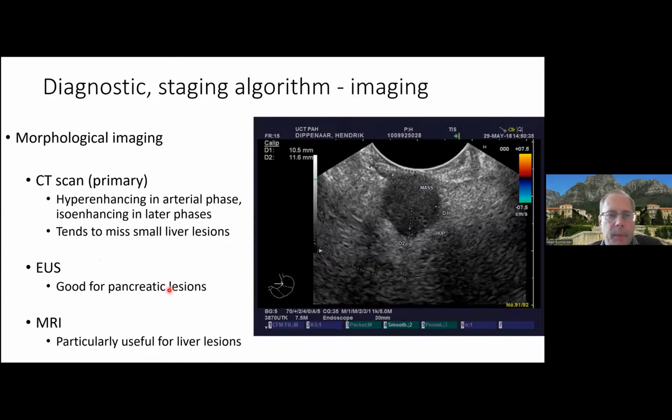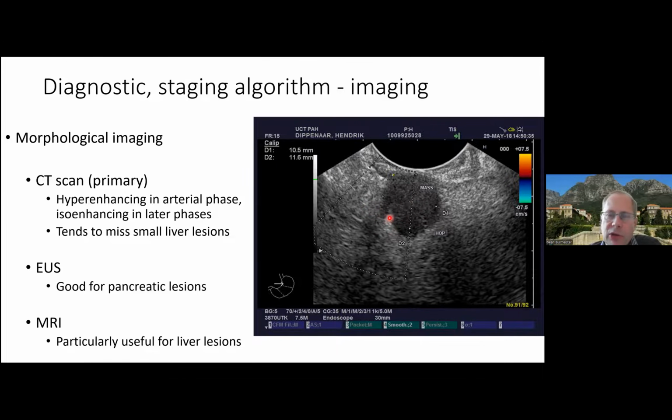So here's an example of endoscopic ultrasound. This is a very typical neuroendocrine neoplasm. They're often very well circumscribed, very well defined, and the tumor itself is often very homogeneous. This is a 1 centimeter lesion, basically, and you can see how well it is appreciated on endoscopic ultrasound, and getting tissue from this for grading would be relatively straightforward.